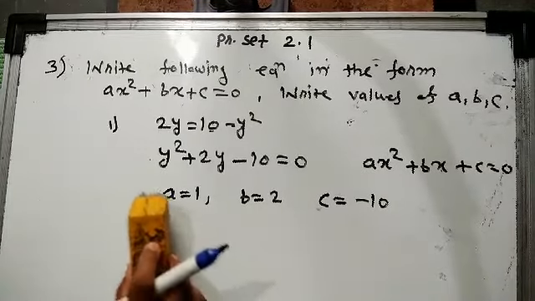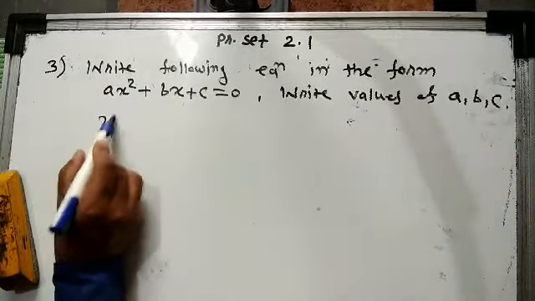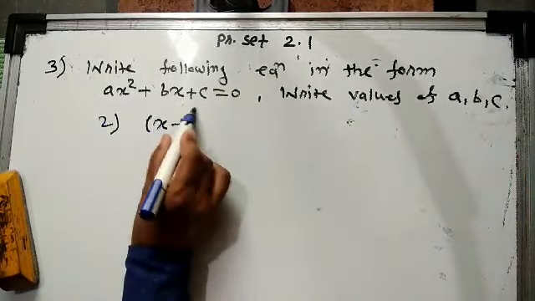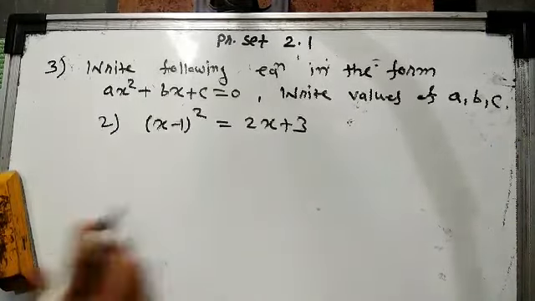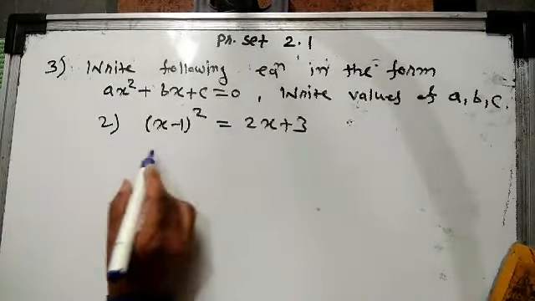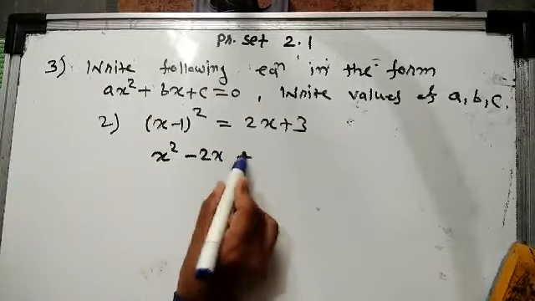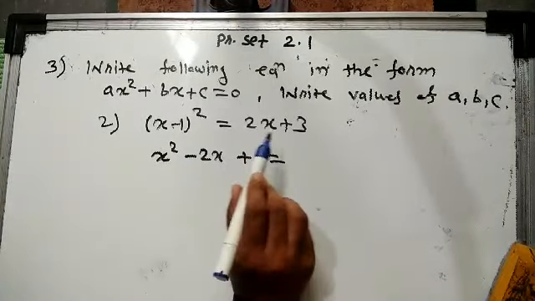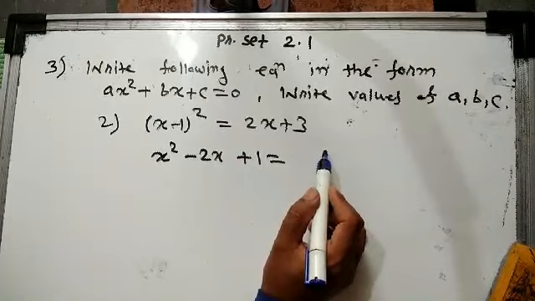Then second, x minus 1 whole square is equal to 2x plus 3. First expand this bracket. x square minus 2x plus 1, this is the expansion of this bracket. A minus b whole square is a square minus 2ab plus b square.